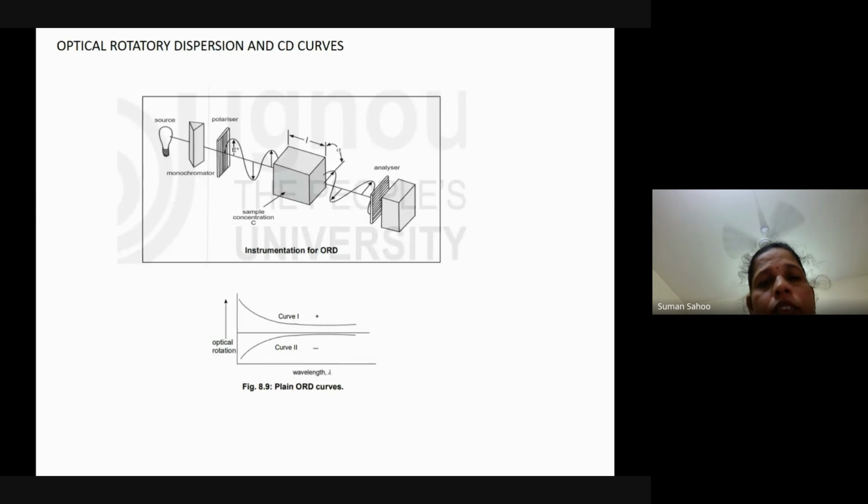In the case of optical rotatory dispersion, I think I have already shown you how the instrument works. We have a monochromator, then a polarizer. Monochromator means it passes only light of a particular wavelength, which is then polarized to give linearly polarized light.